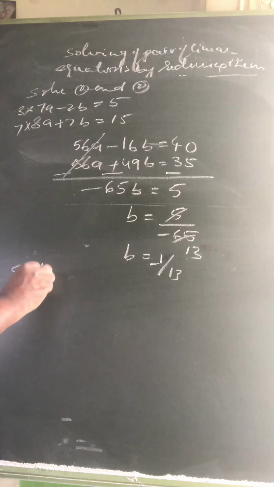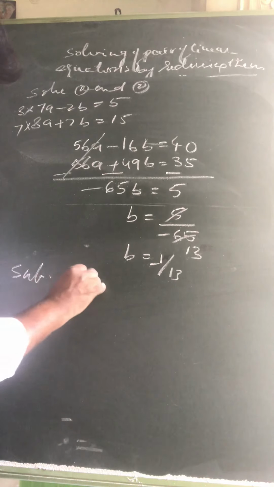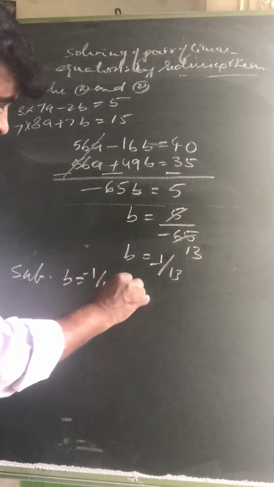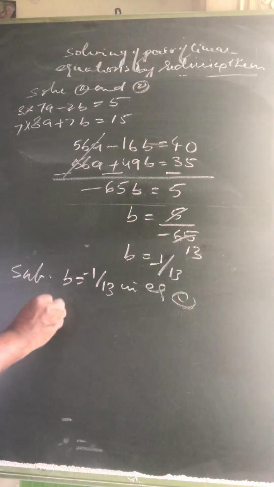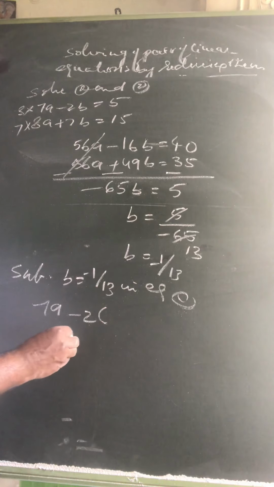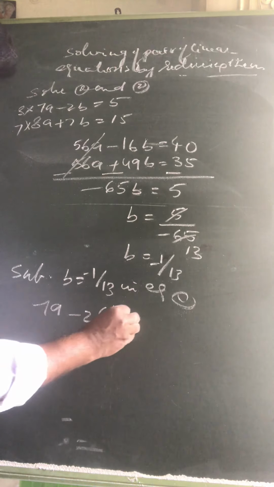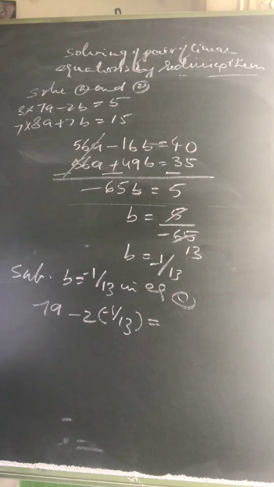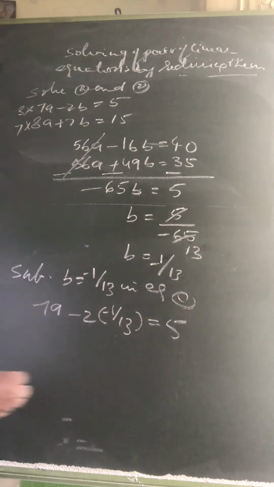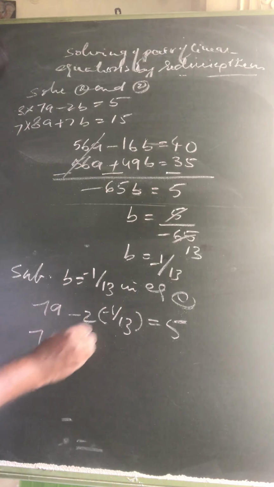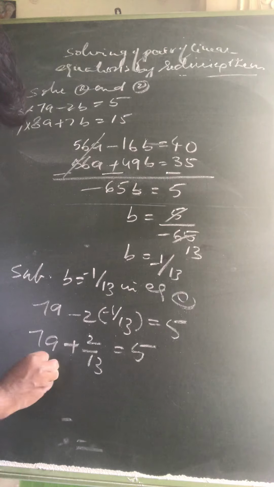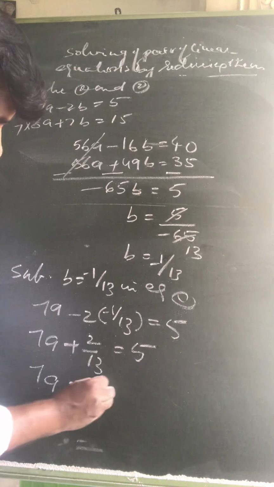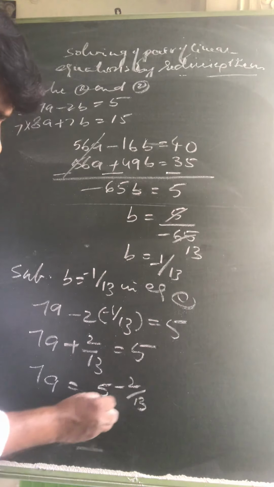Substitute b is equal to minus 1 by 13 in equation 1: 7a minus 2 into minus 1 by 13 is equal to 5. 7a plus 2 by 13 is equal to 5. 7a is equal to 5 minus 2 by 13.